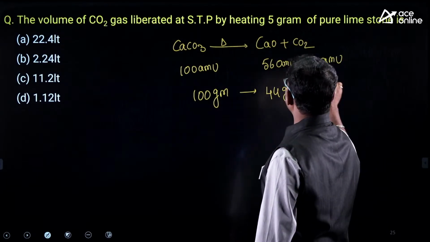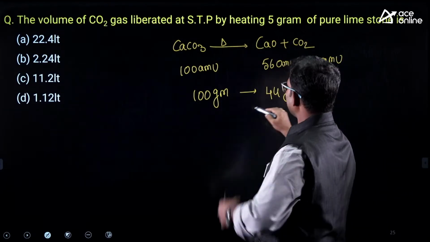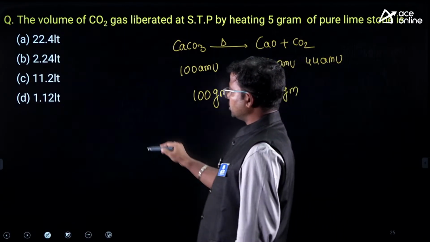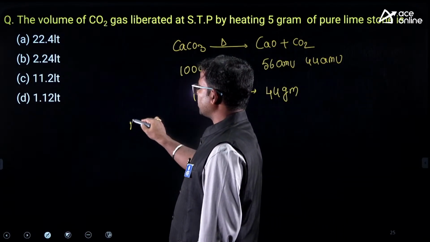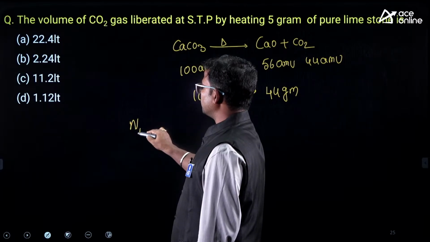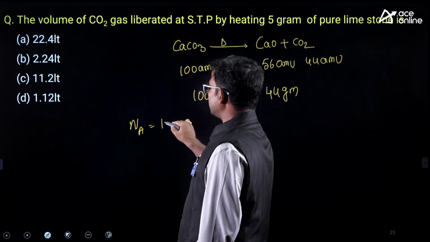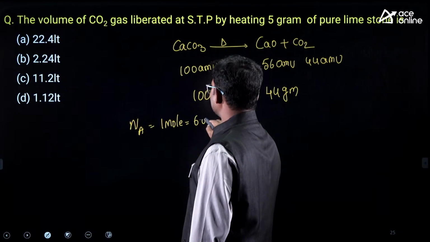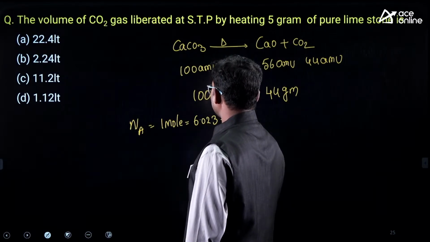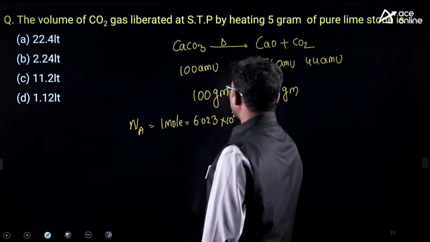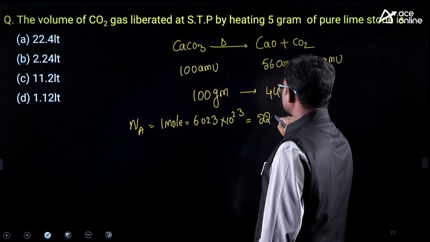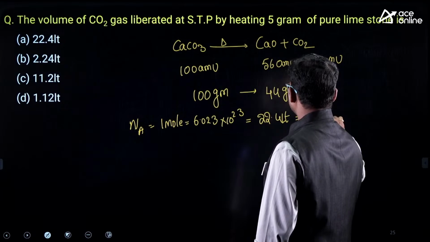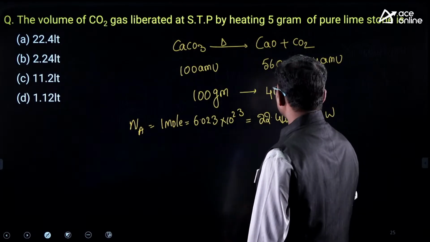Suppose you choose 5 grams, then what will happen? Before going to that, here we should consider the Avogadro number. Avogadro number is equal to 1 mole, which is equal to 6.023 × 10^23, which is equal to 22.4 liters, which is equal to the gram molecular weight.